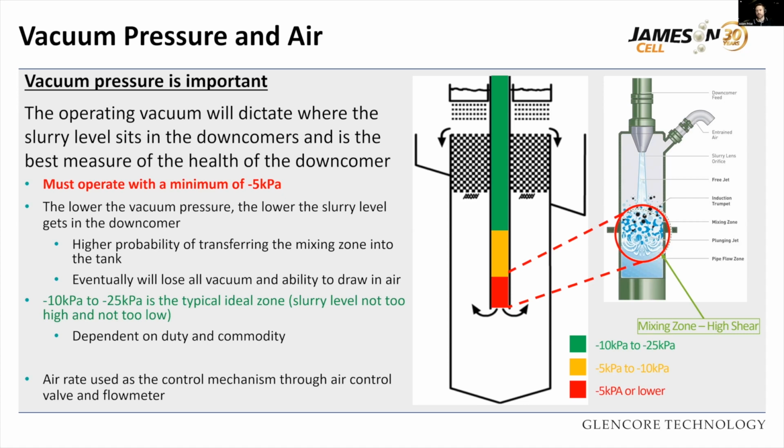Usually it's more in those scenarios where you just want to drive to a maximum air. So it may be understood where the vacuum can be pushed to get maximum air, and therefore you can set up the control to operate to target that vacuum and essentially get the maximum air you want.